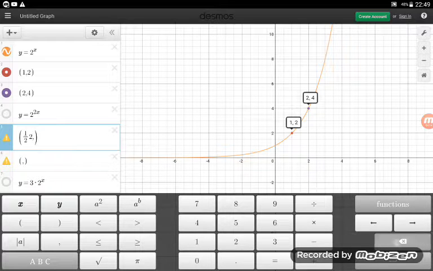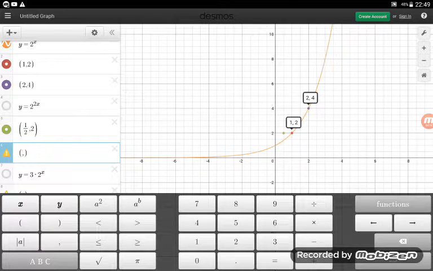And the point (2, 4), again the y doesn't change, so I can put the 4 in there first, and the x will change. 2 multiplied by a half gives me 1.